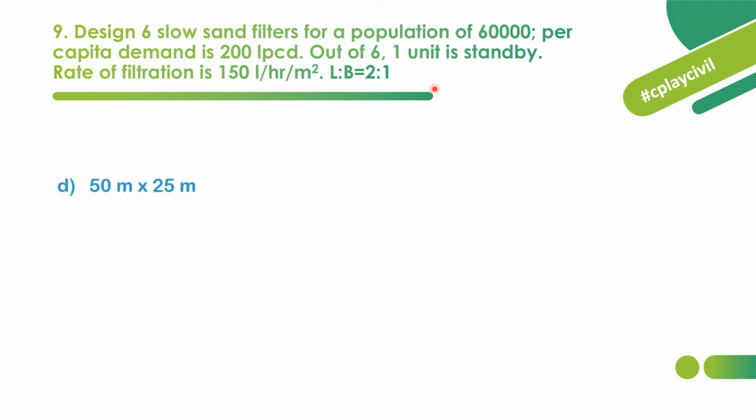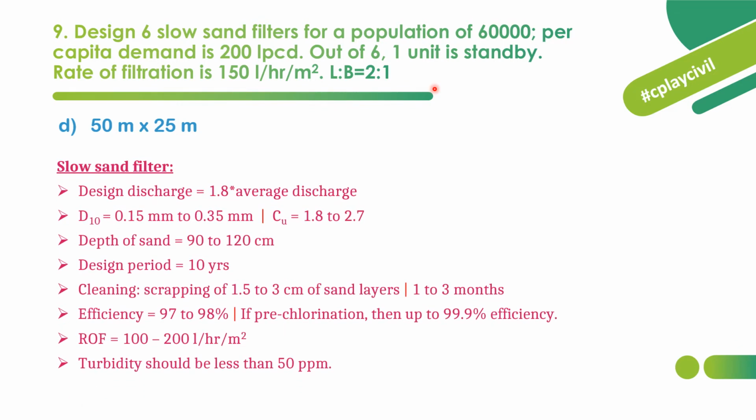So this is based on filtration, slow sand filter and rapid sand filter. Here the answer is option D, 50 meter cross 25 meters, the dimension of 1 unit of slow sand filter. Now we shall see the important things regarding slow sand filter. For design discharge, we have to consider 1.8 times the average discharge, that is the MDD value.